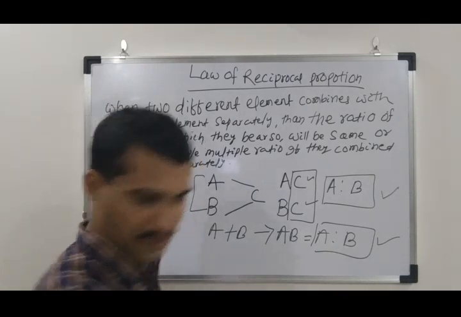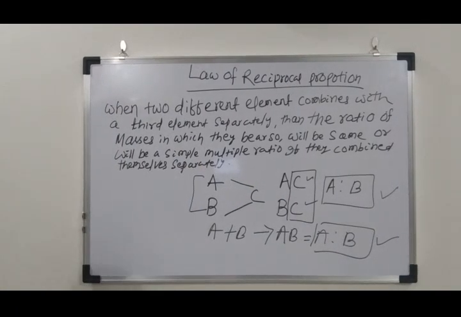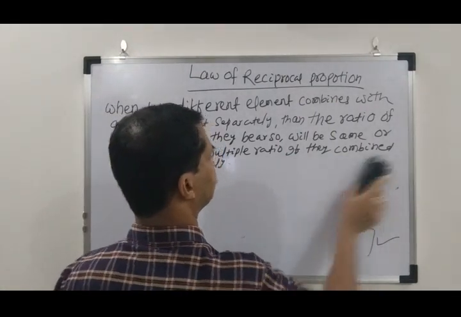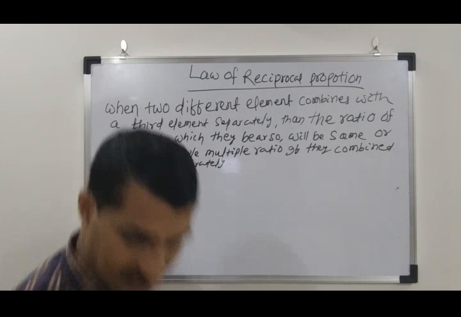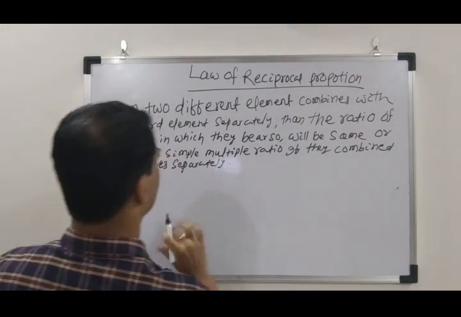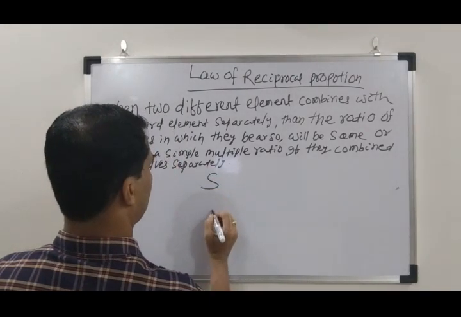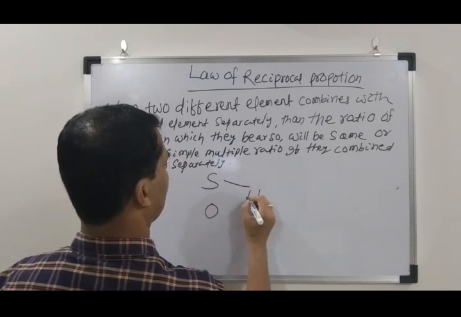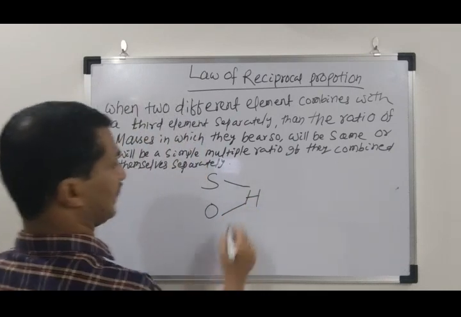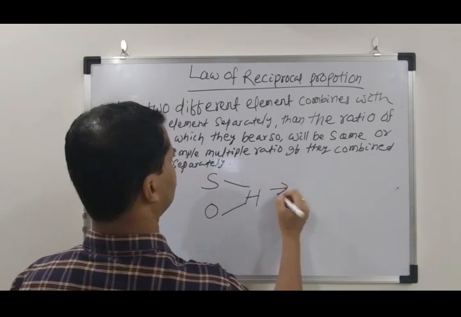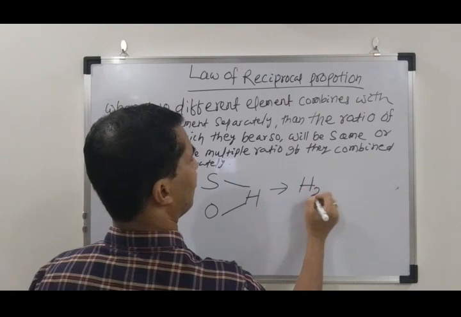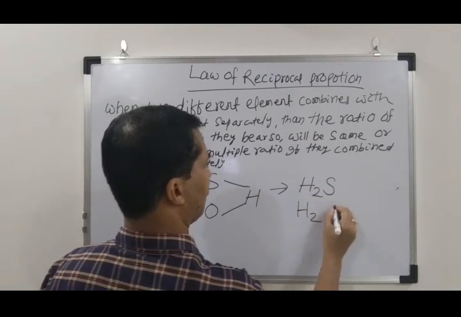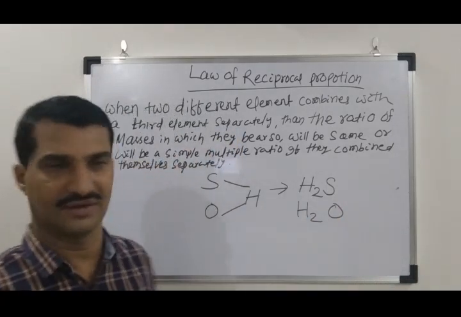If I take an example, let's take sulfur as one element and oxygen as another. Let both combine with hydrogen separately, then two products will be formed. One is H2S, another is H2O. Possible, correct?